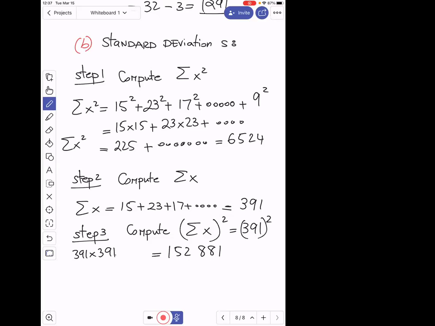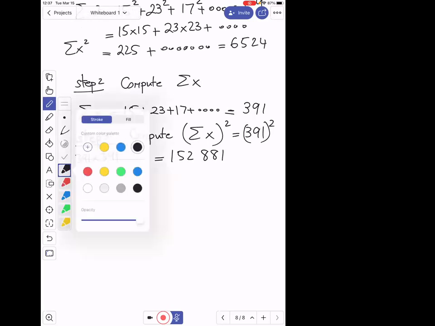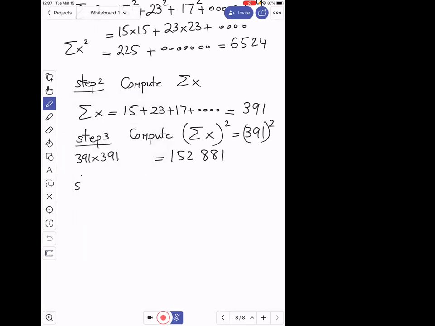All right, guys, now in step 4, we need to divide this answer by the size of the sample. So step 4, divide the answer from step 3 by the size of the sample, which is n.